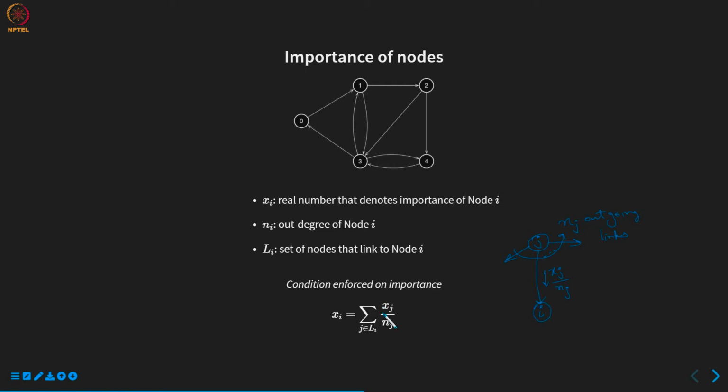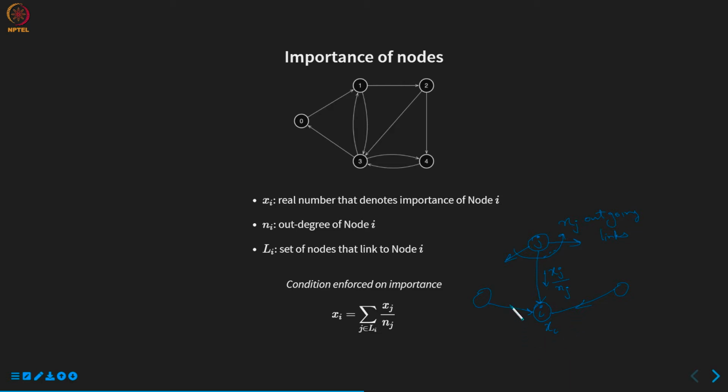When you add up all these other things that are connected to it and the importances that come from there, you should get the importance xi. xi should be the sum of all the importances that are flowing in from the connected nodes. They should first of all link to node i, and then the original importance of that node gets divided by the out degree of that node. So that sum has to be equal to the importance xi.